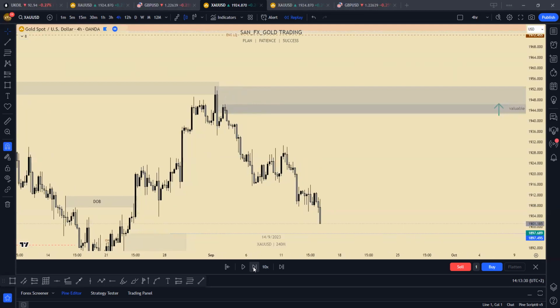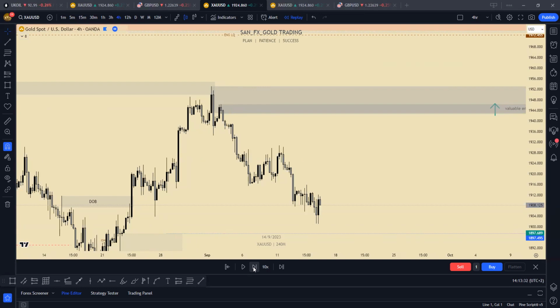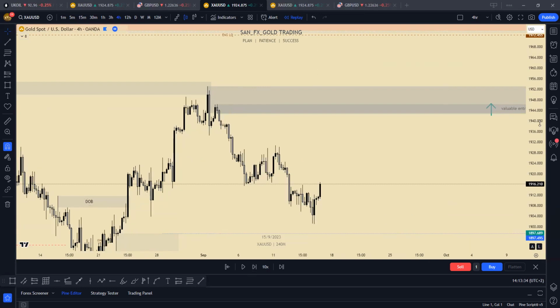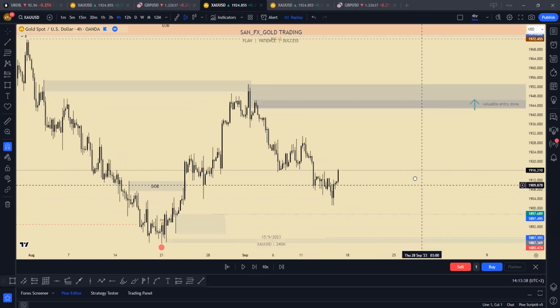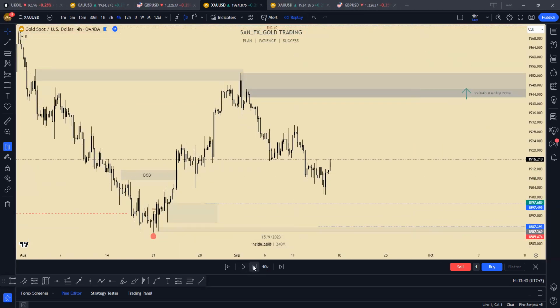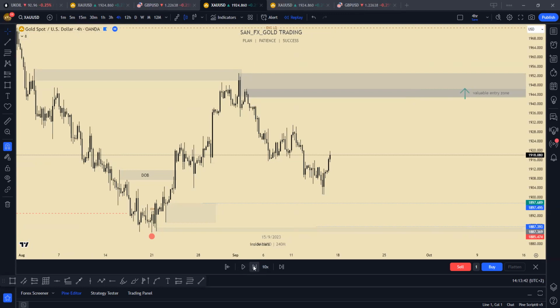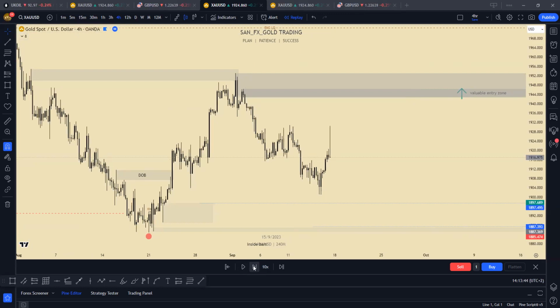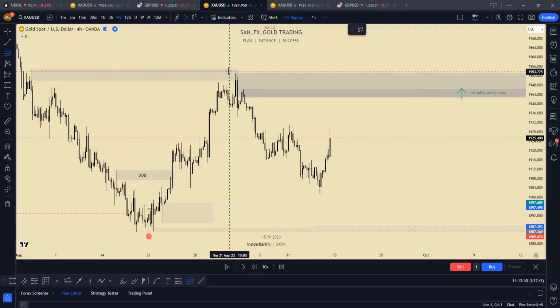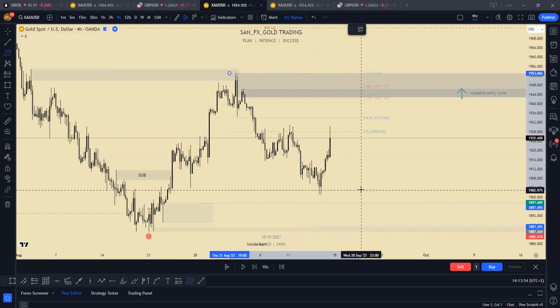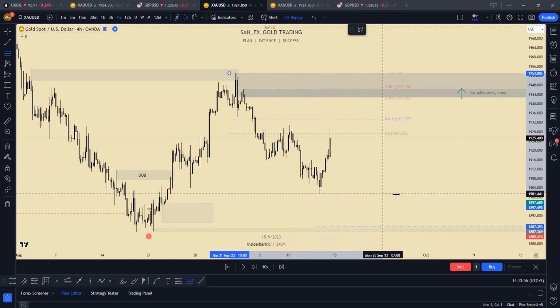I will use the Fibonacci as well. It's a very simple entry method. When I see a turning point like this, I use the Fibonacci. In this case, pull down to the bottom.